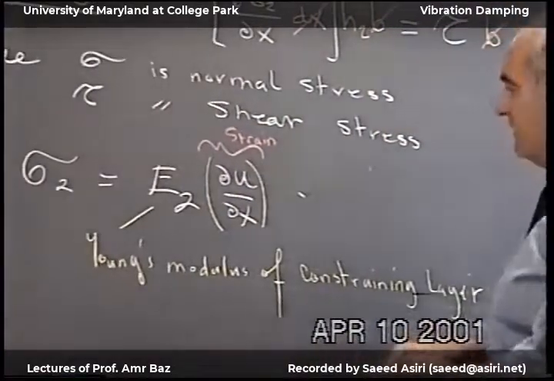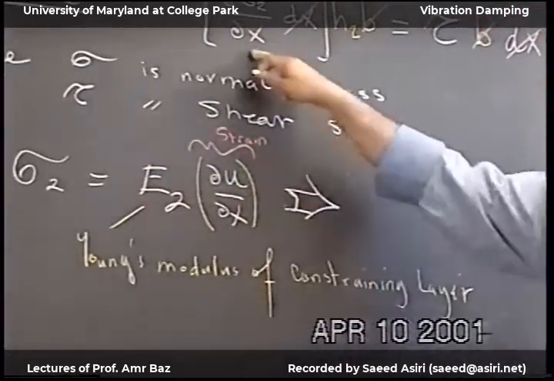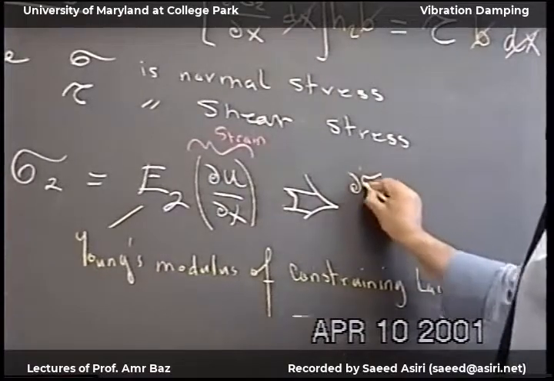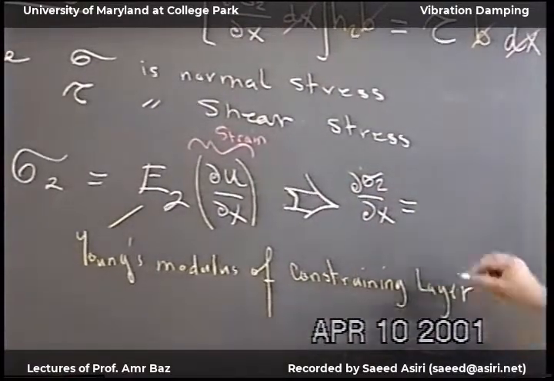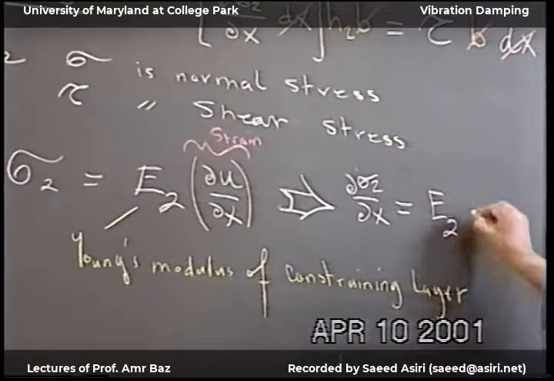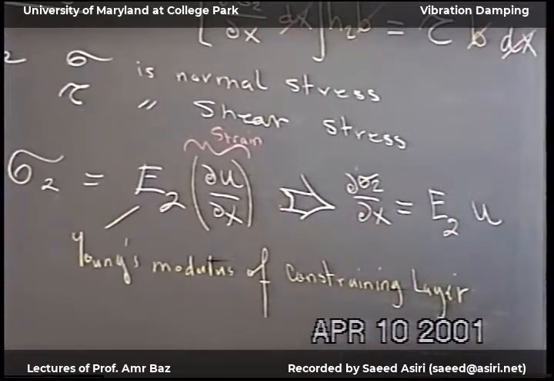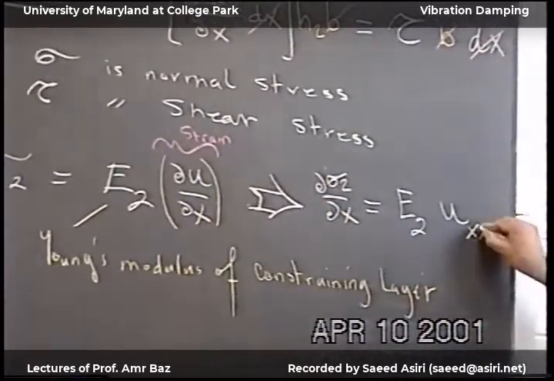So now if I take this and differentiate it partially with respect to x, then this will equal E2 times the second derivative of the longitudinal displacement u, so this will be u_xx.